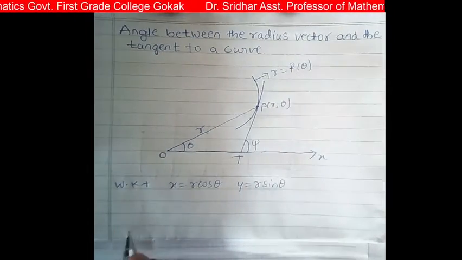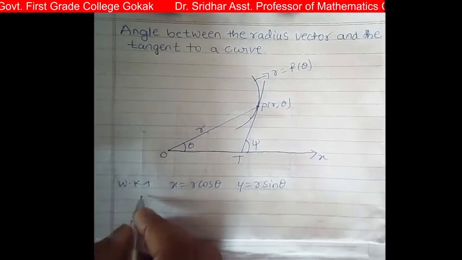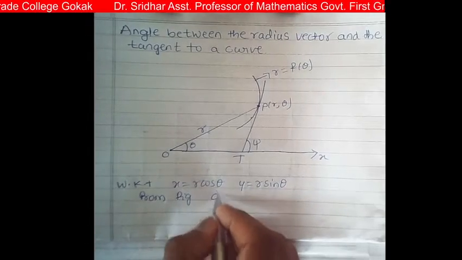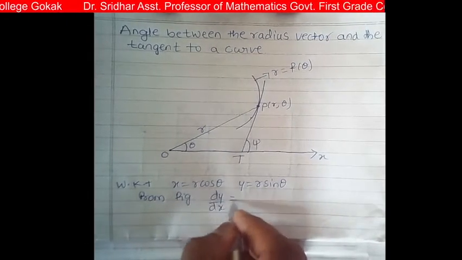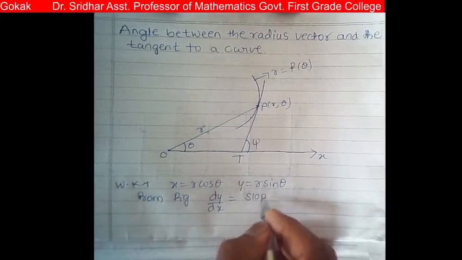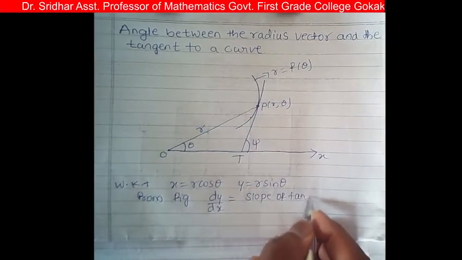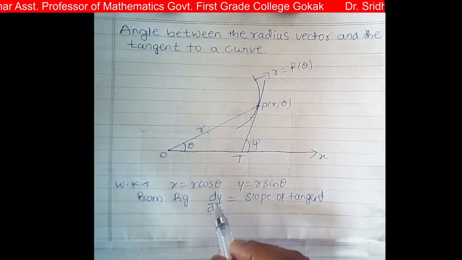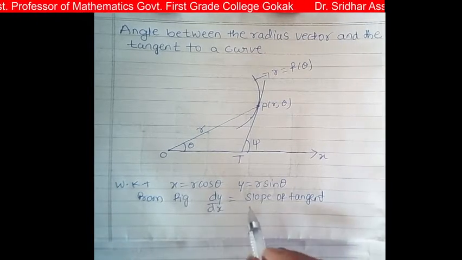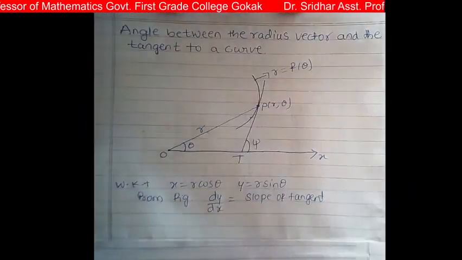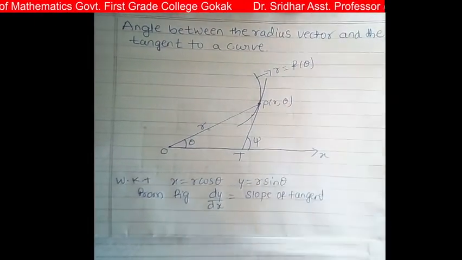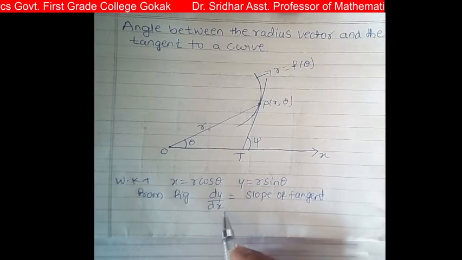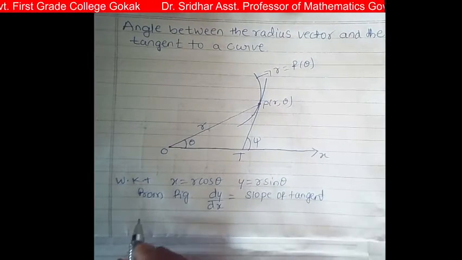From the figure, we have dy by dx, which from the geometry is nothing but the slope of the tangent.